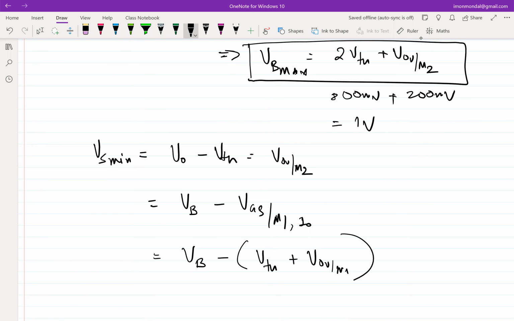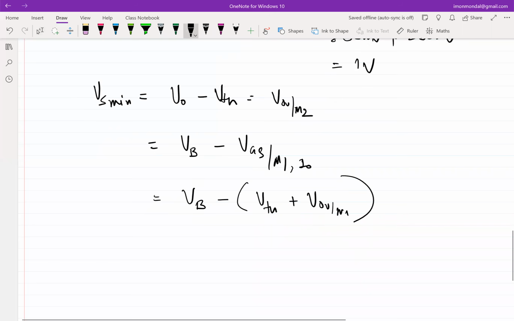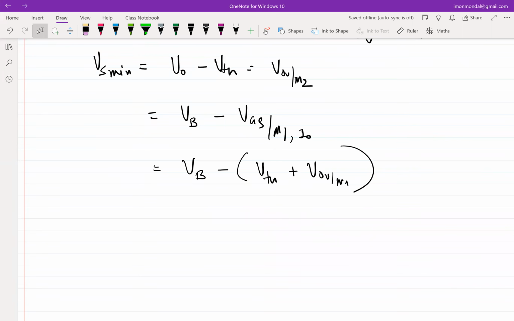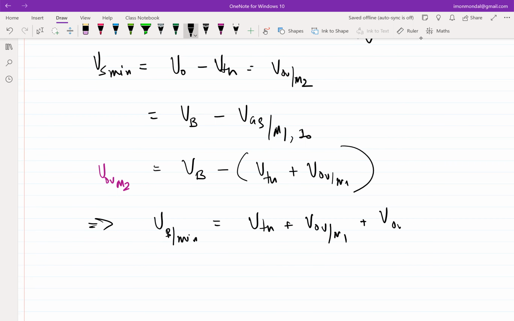Okay. Now that you have established VS min, that is the V overdrive of M2, right? So what will be VB min? Threshold voltage plus V overdrive of M1 plus V overdrive of M2.